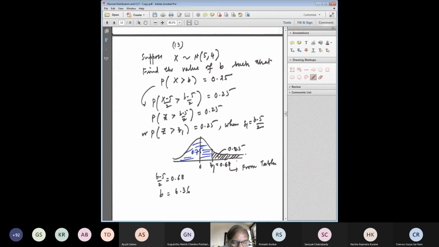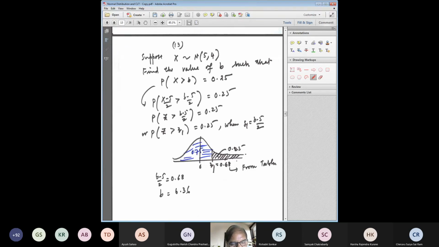Since the table is not available in this form, tables are available in the cumulative form. So if this area is 0.25, then the complementary part, 1 minus 0.25, which is 0.75, will be below this. The total area is 1.